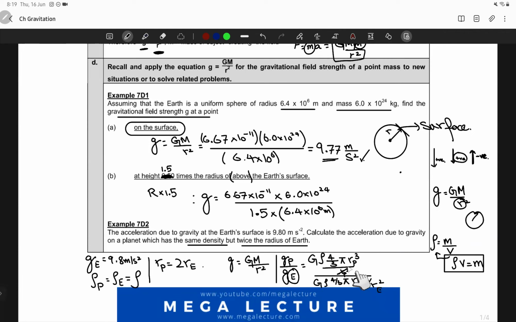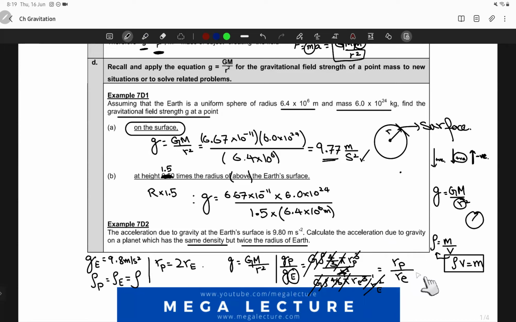So if there are 2 of the radius of the planet over here, they can cancel with that 3 and only 1 will remain. Similarly, these will go away and there will be only 1 remaining. The constants will go away. Rho is the same, so it will go away. G is the same, it will vanish. Pi will cancel, and you're left with r_p over r_e.